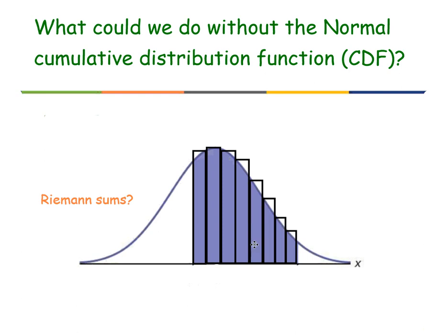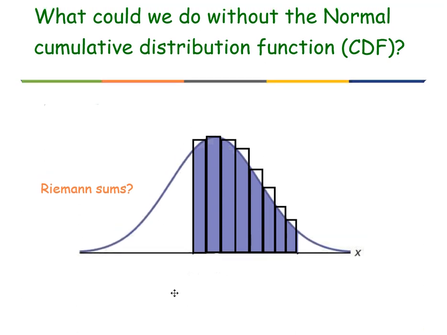Now, we're not needing to do any kind of integral calculus in this course because we have the cumulative distribution function, or the CDF, which is going to go ahead and find that area for us using technology or a z-table.